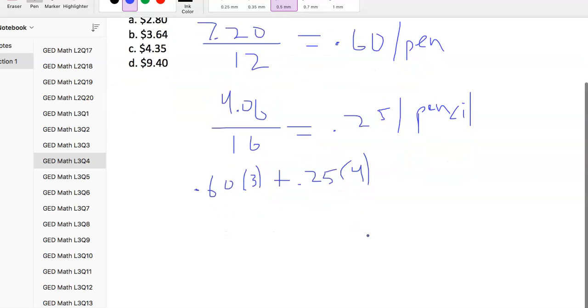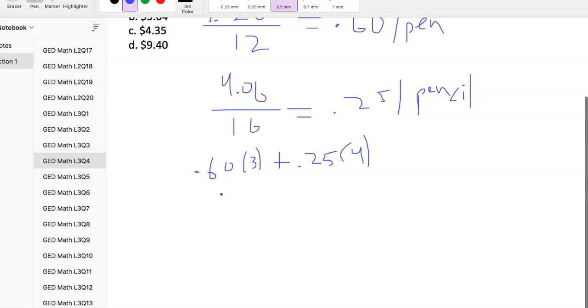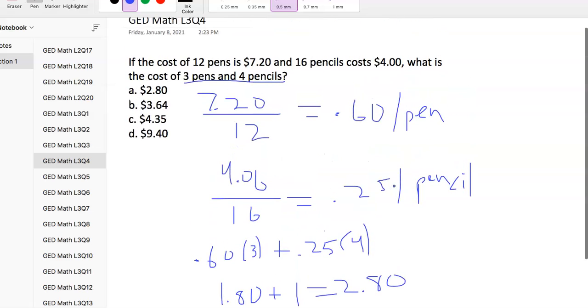Okay, and 0.60 times 3 is $1.80. 0.25 times 4 is exactly $1. We add those together, and we get $2.80. Okay, that is answer choice A. $2.80 total for 3 pens and 4 pencils.